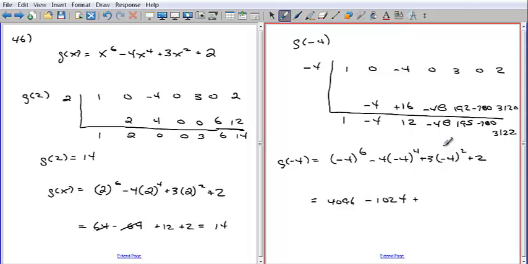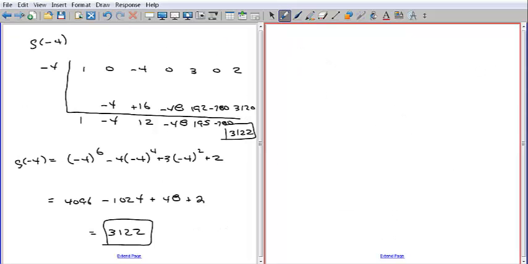Here we have basically 4 squared. 16 times 3 is 48. So it's going to be positive 48 plus 2. So 4,096 minus 1024 plus 48 plus 2 is 3,122. Okay. Next, g of 3.